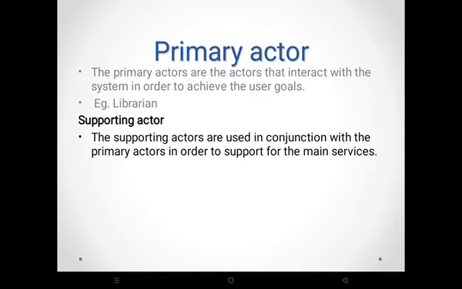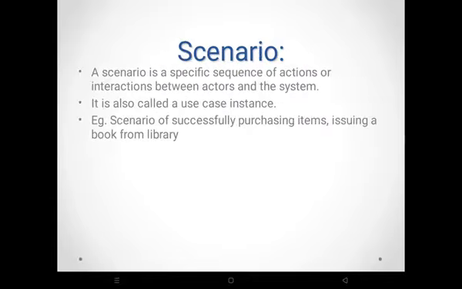The actor who interacts with the system is called the primary actor. What is the supporting actor? The supporting actors are used in conjunction with the primary actor in order to support the main services. For example, the library assistant is the supporting actor. Many examples are available. In order to support the main services, that is called the supporting actor.